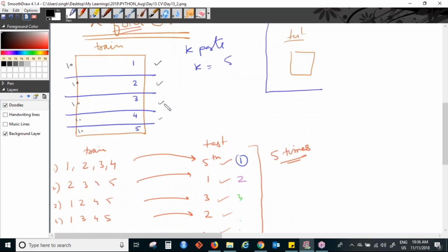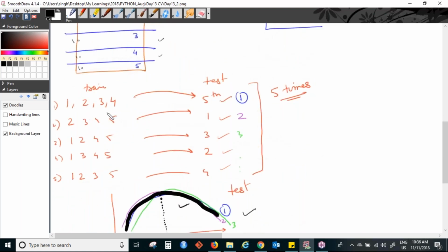Now what am I doing? I'm taking the first 4 parts to build a model and testing it on the fifth part. Similarly, I am building the model again on some other 4 parts and testing it on the other fifth part, and so on until all the parts become the testing data.